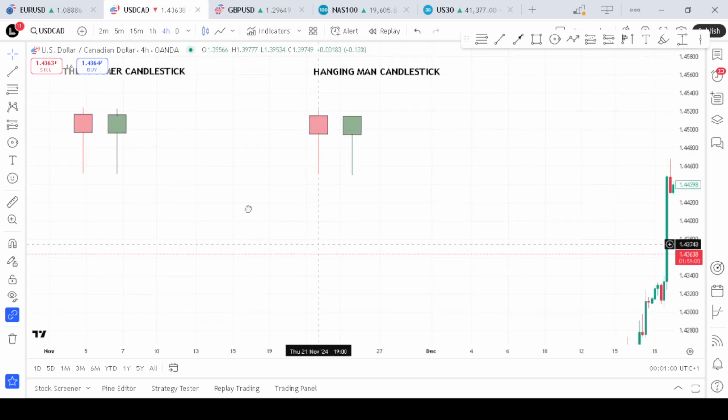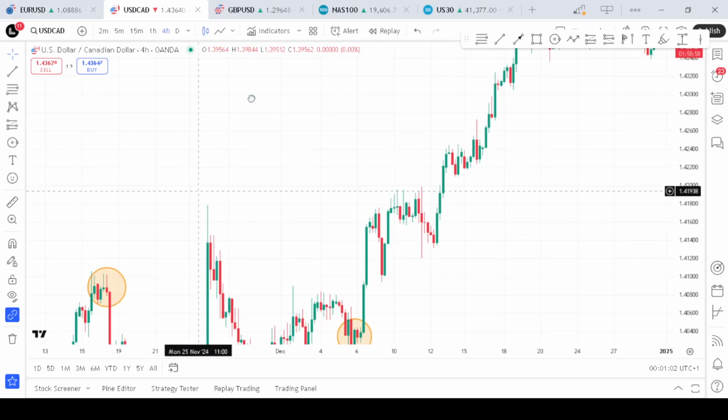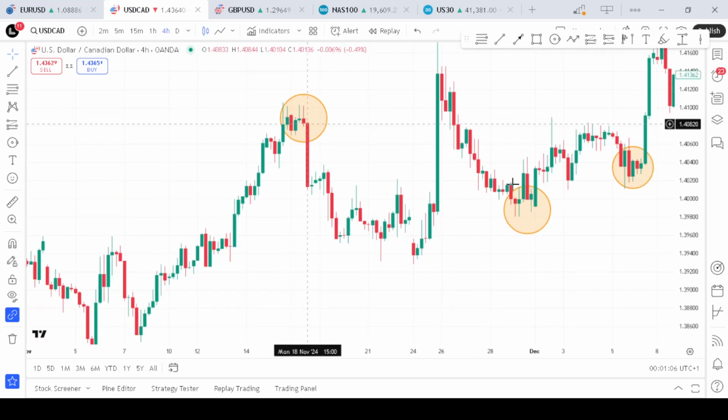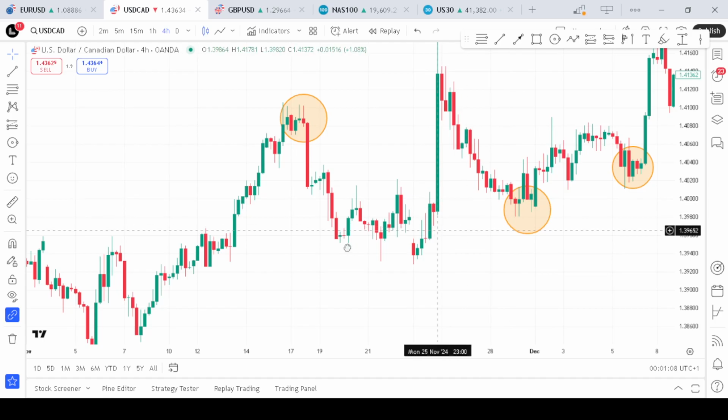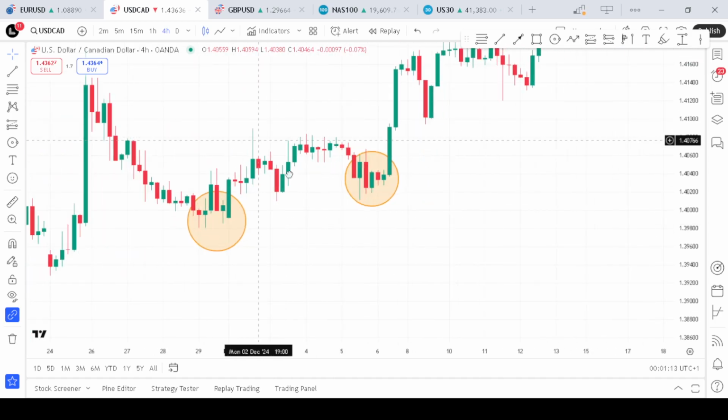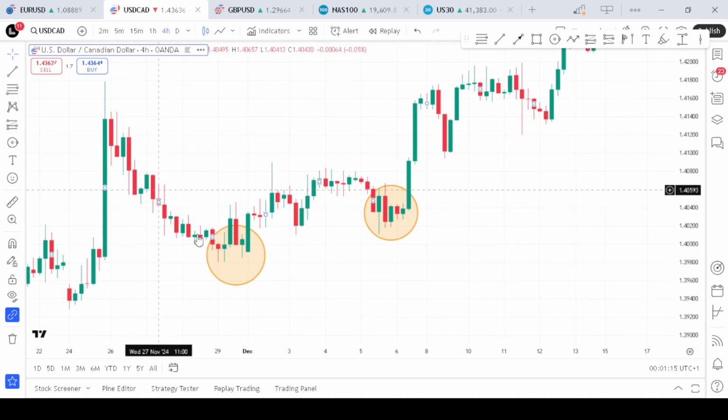Now let's see them on the real chart. Talking about the hammer candlestick, as we can see, this is the hammer. This is a hammer candlestick pattern. As we can see, it is happening at the bottom of a retracing market. This is a downtrend leading to a reversal.